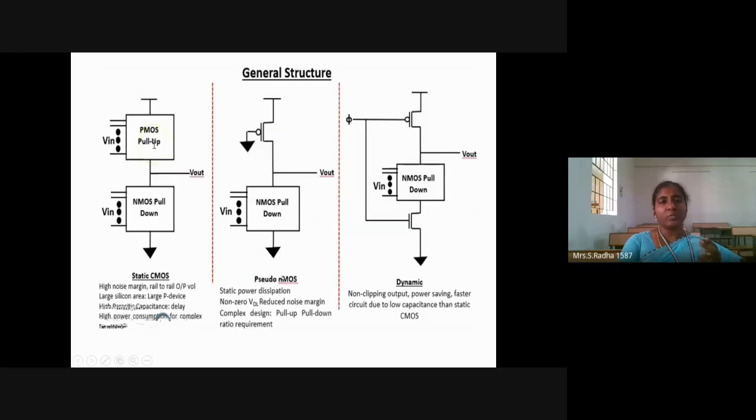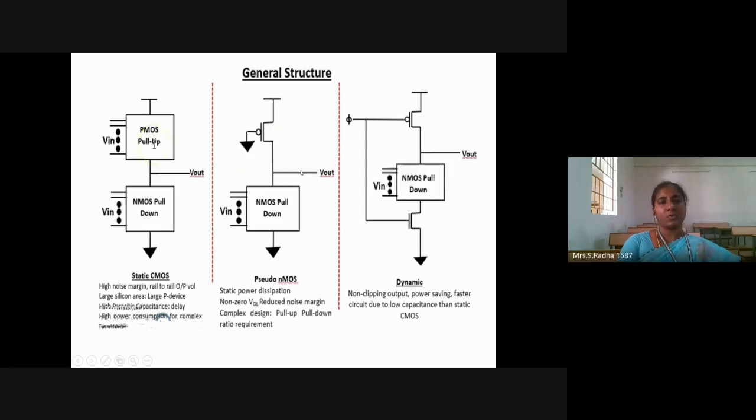Coming to pseudo NMOS, compare the second diagram with the first diagram. We need not use an equal number of PMOS transistors. Only one PMOS transistor is enough.